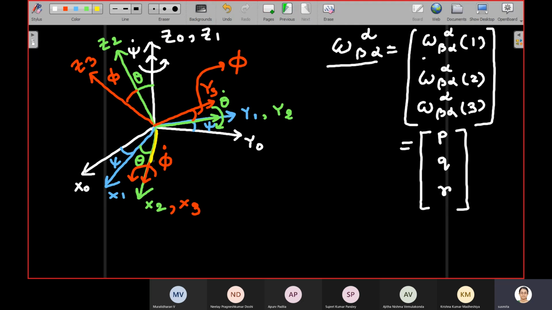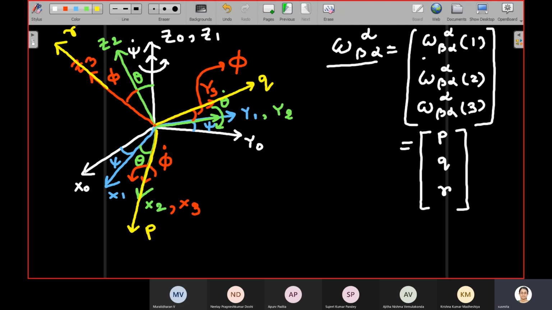So I'm just showing it this way so that you can easily identify P, Q, R: X3, then Y3, and then Z3. So these are the directions of P, Q and R.